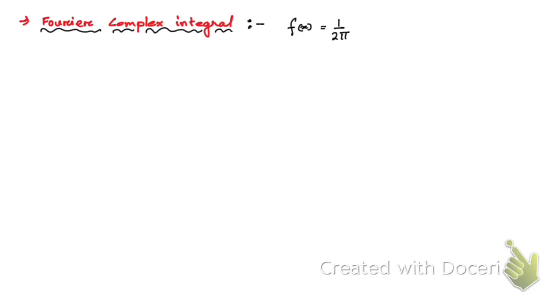And now we are going to discuss another form, that is the Fourier complex integral, which is given by f of x equals 1 by 2 pi, and what are the conditions to be satisfied by the function f of x?